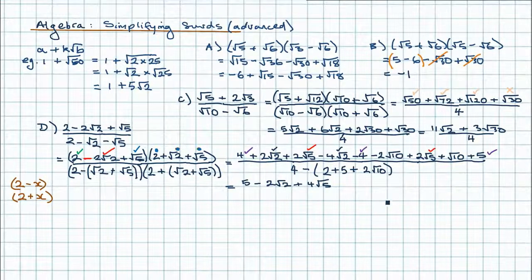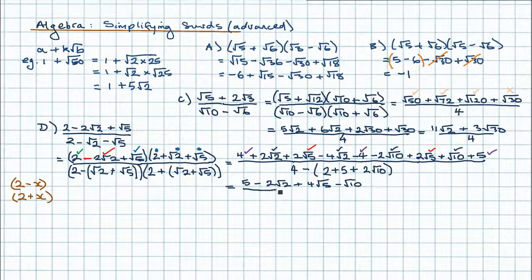Okay, so finally our root 10s, so we've got a root 10 there and a root 10 there. We haven't missed anything out, have we? No. So our root 10s then, we've got negative 2 root 10 plus root 10, so it's going to be minus root 10. And that's simplified the top.